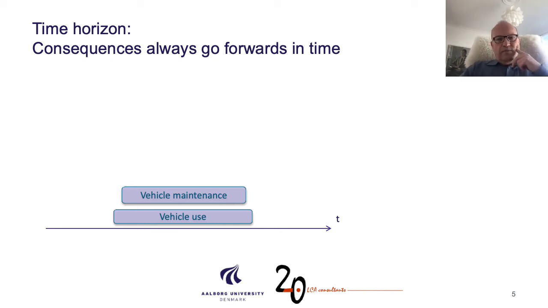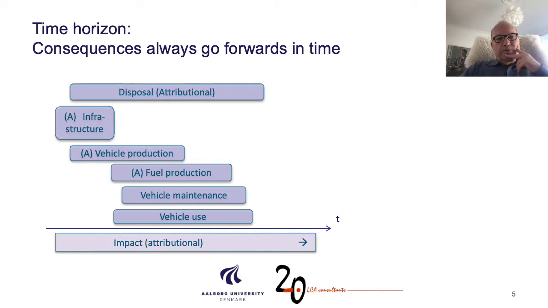Intuitively, most people would place the fuel production before you're actually driving the car and the vehicle production before you're actually driving the car. And the infrastructure for vehicle production you would have before you actually start producing vehicles.